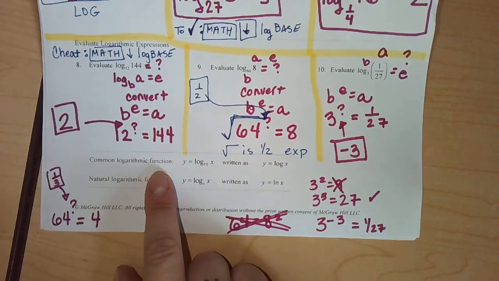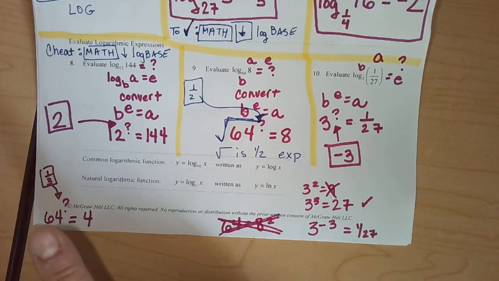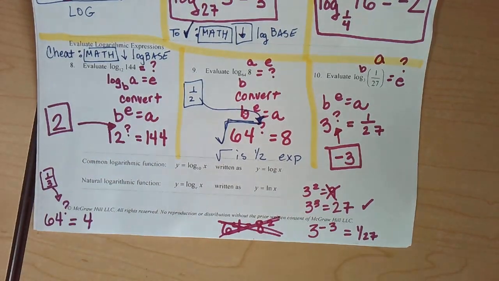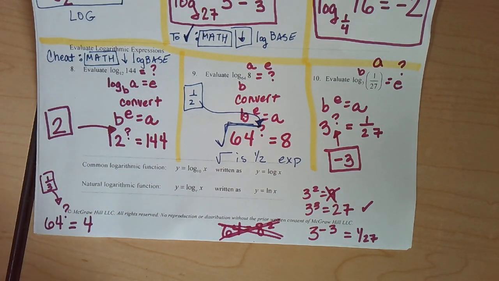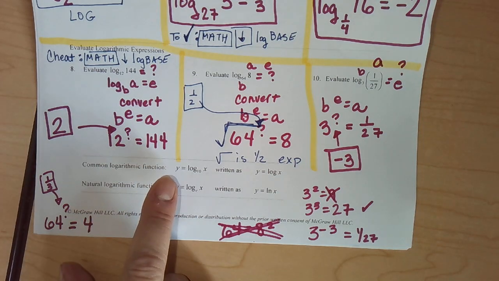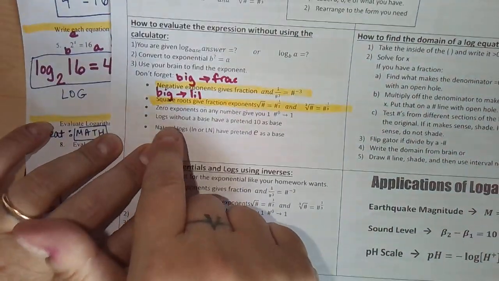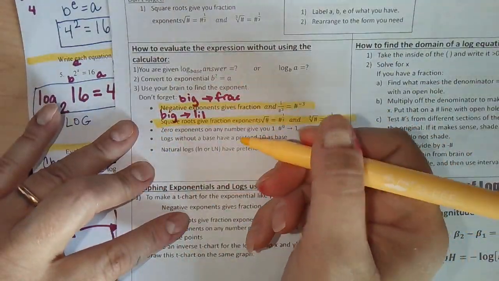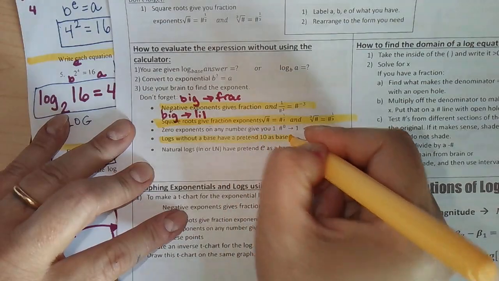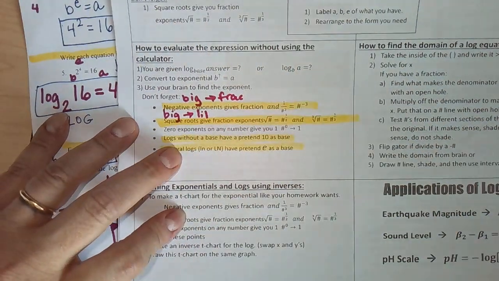The next thing we're going to talk about is the different names of logarithms. First, we have a common and a natural. If we are looking at those tricks from the college algebra, this is what we're talking about.